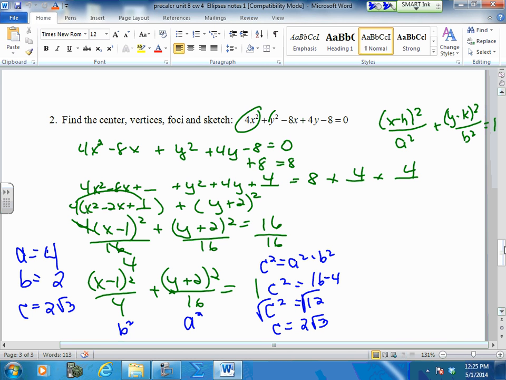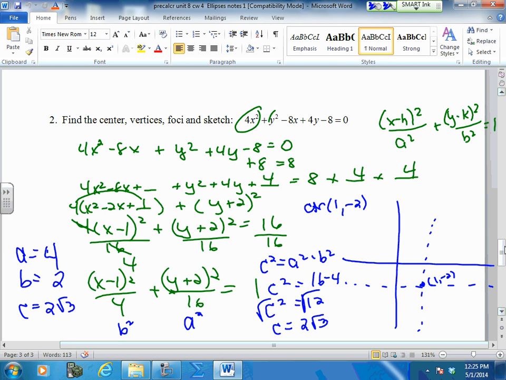Now, let's start. What's the center of your ellipse going to be? 1, negative 2. Good. That's my center. My major axis is going to be my x or my y? The y.